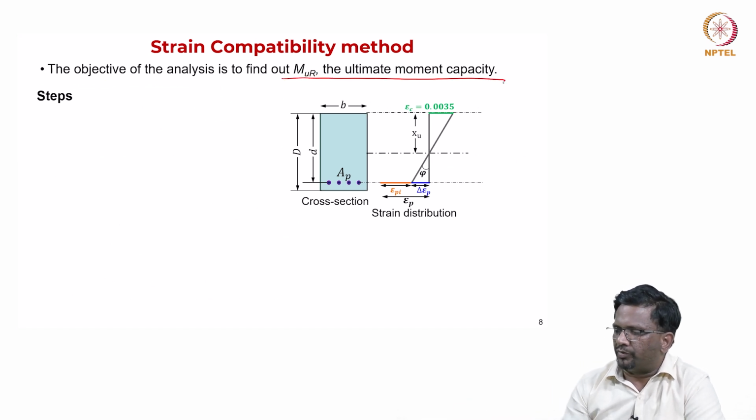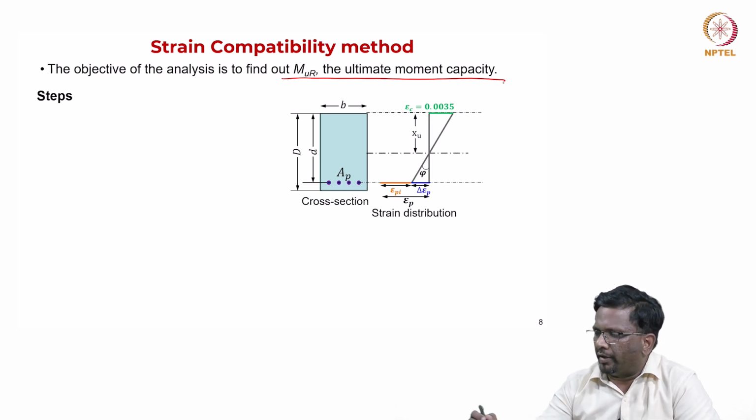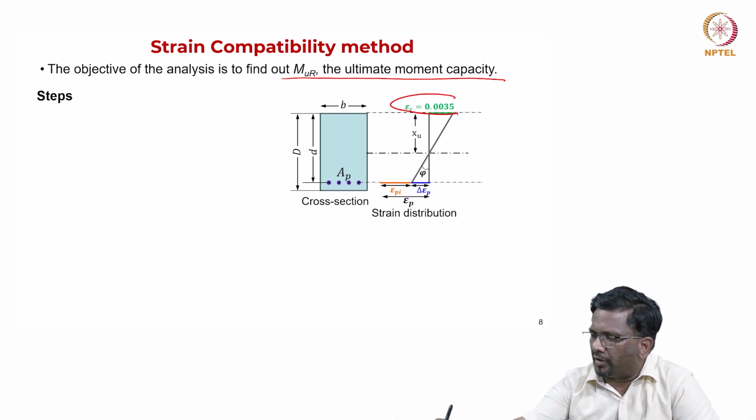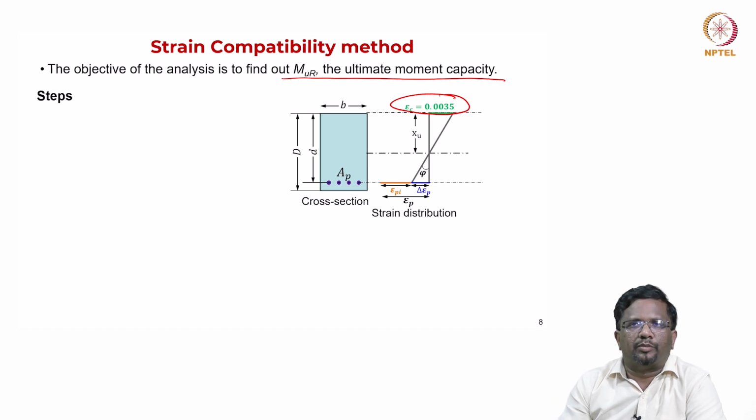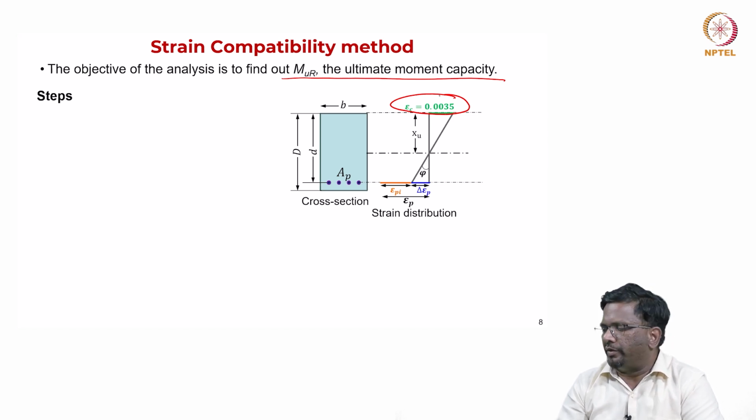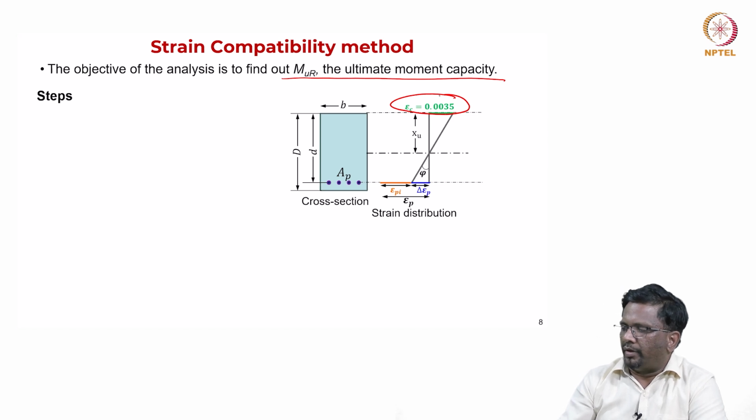Okay. So, this is the section. Let us look at the steps that are going to be involved. Again, at ultimate, concrete in compression is taken as 0.0035, as per Indian codes. If you look at the ACI code, they take 0.003, but they are very close to each other, right.